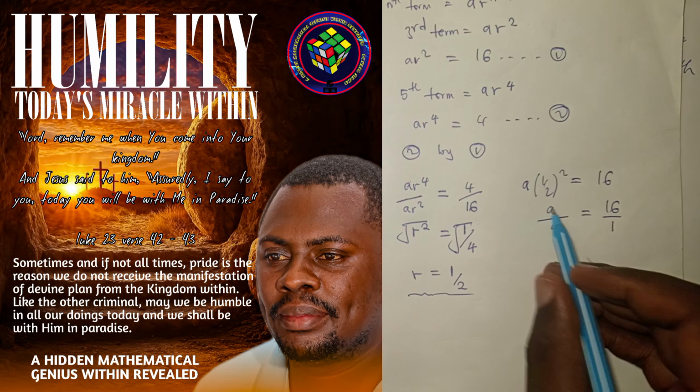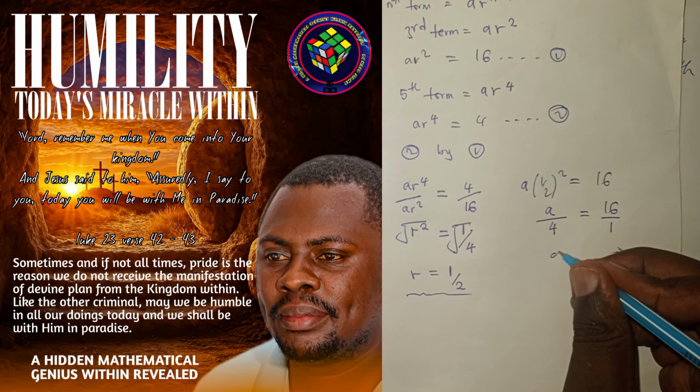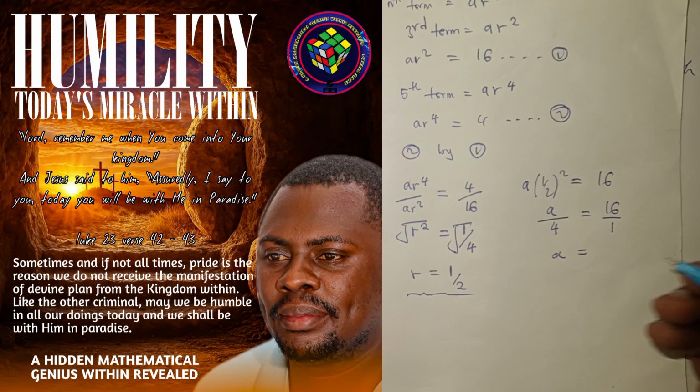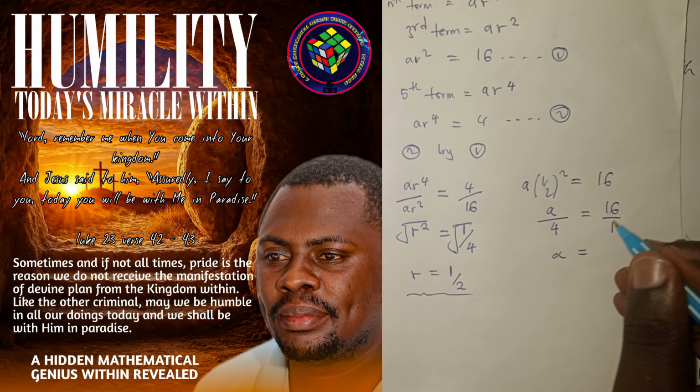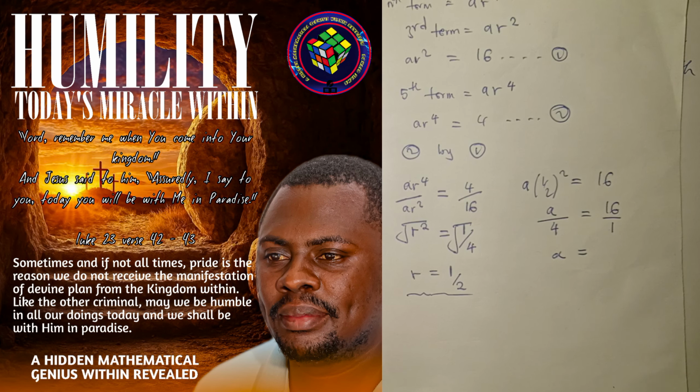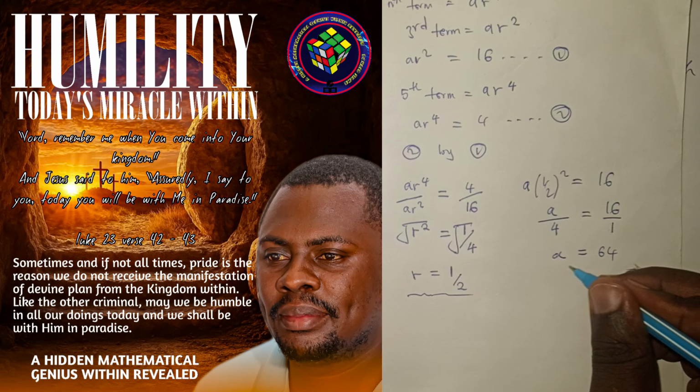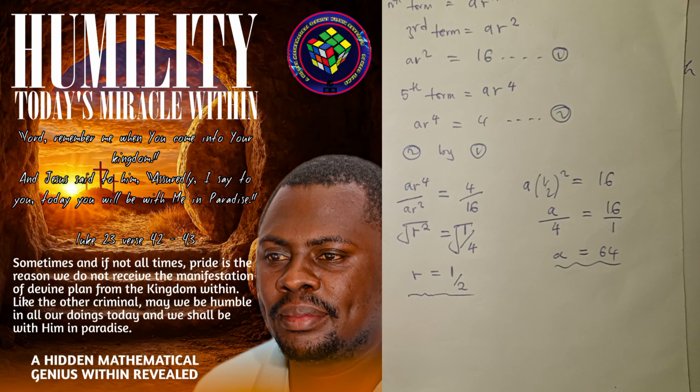You say a multiplied by 1, you get a, equal to 16 multiplied by 4, you get 64. So a is equal to 64 and r is equal to 1 over 2.